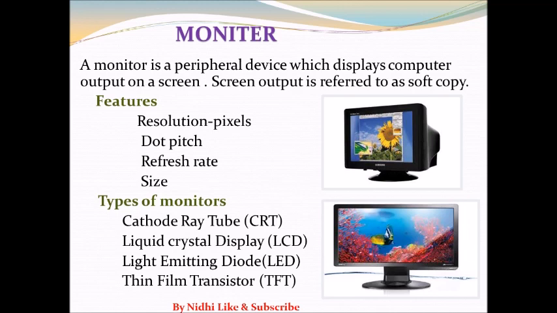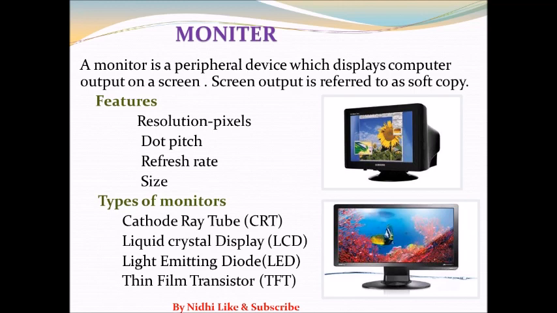Color is achieved by a combination of red, green and blue shades of different intensities. CRT monitors are bulky and occupy a lot of space. They are available in various sizes: 14 inch, 15 inch, 17 inch and 21 inch. A CRT monitor still has better contrast ratio and viewing angles than any other type of computer monitor.